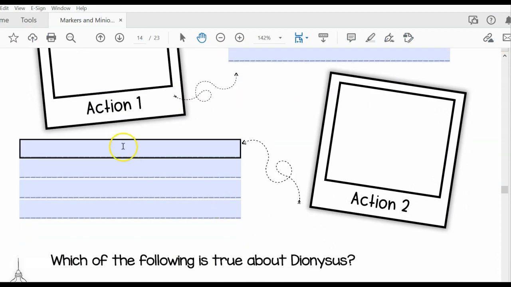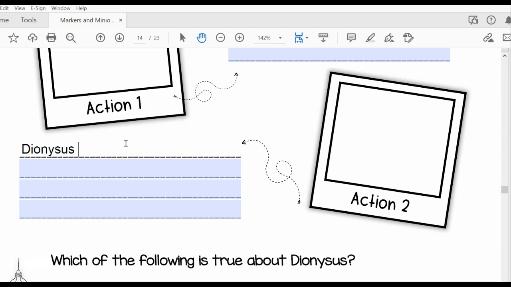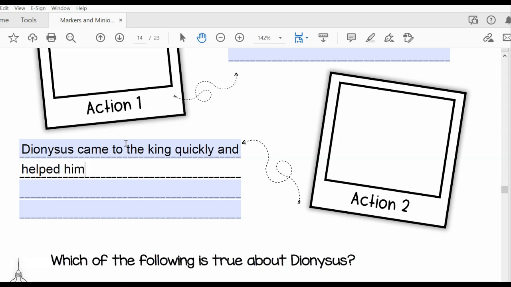So you could also say that Dionysus came to the king quickly and helped him.